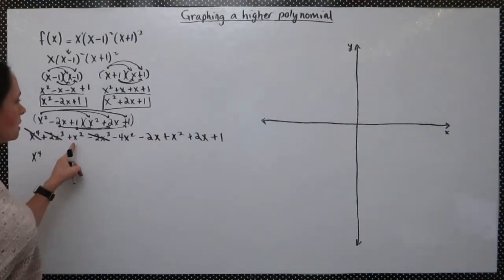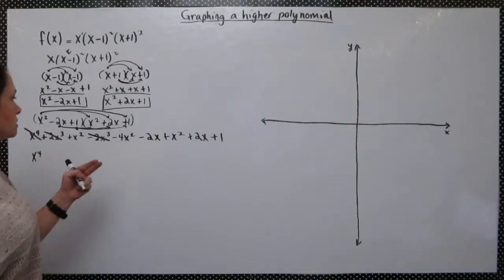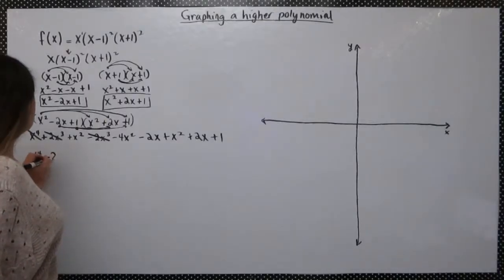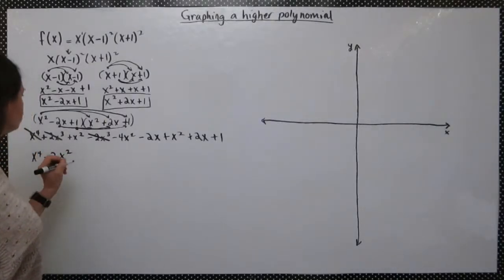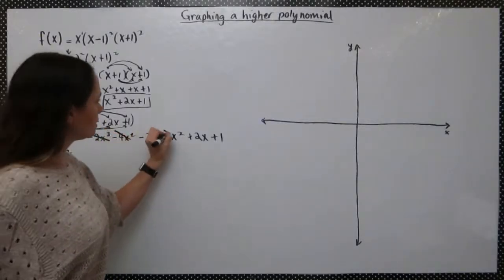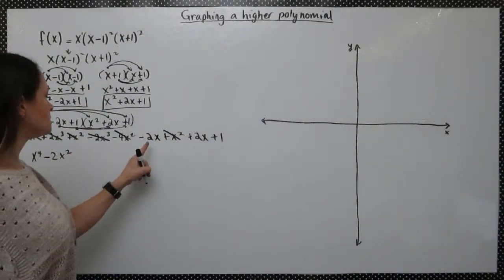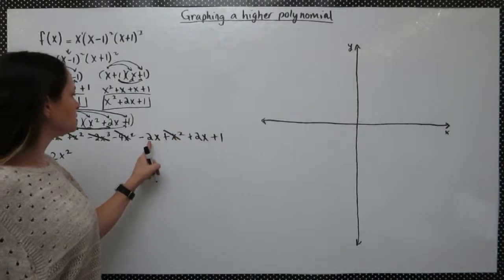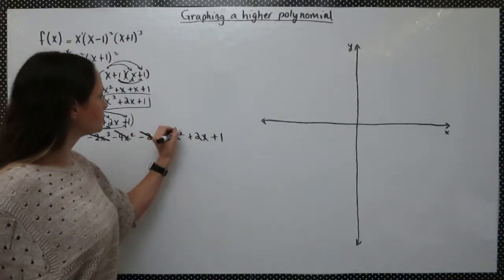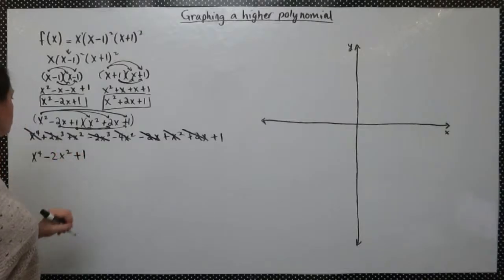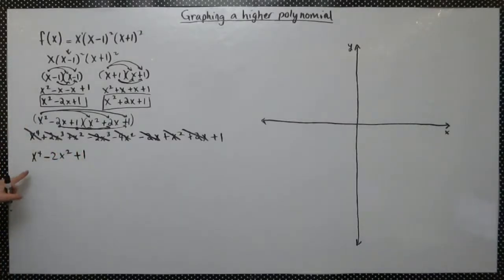So you've got 2x squared plus 2x squared, minus 4x squared, and that's going to give me minus 2x squared left over. And we'll mark through those x squared terms. And then we've got a plus 2x and a minus 2x. Those will go to 0. And then we have a plus 1. Perfect. So we end up with this polynomial.